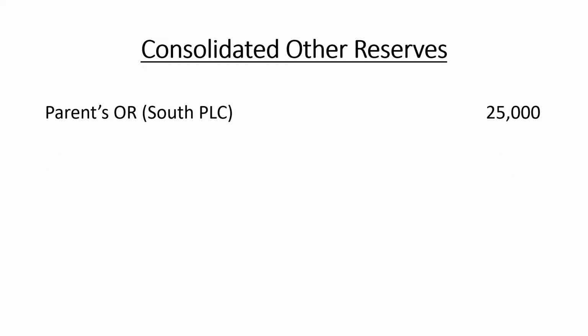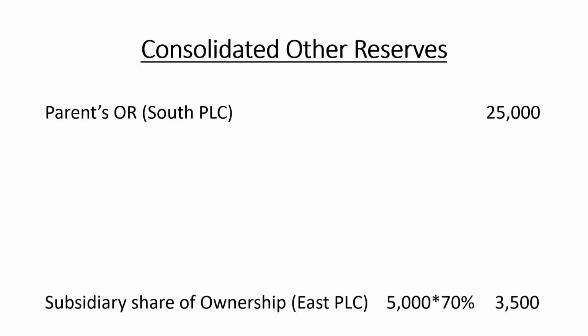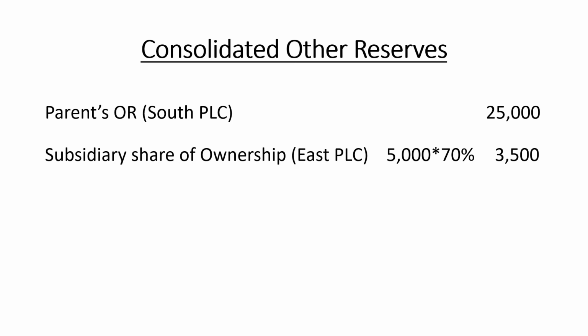For South PLC, in the consolidated statement of financial position, we can see the other reserve balance is 25,000. For that, we have to add the subsidiary's share of other reserves. In the East PLC, we can see 5,000.